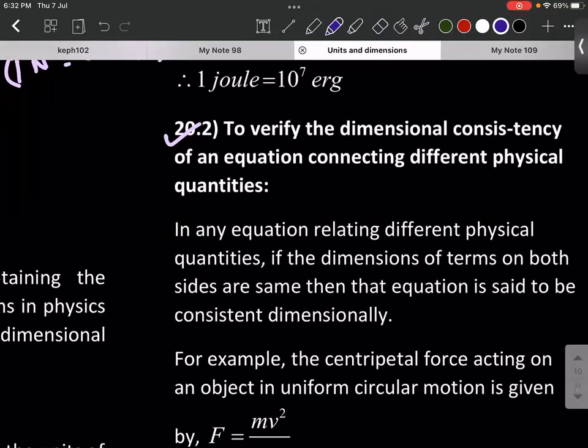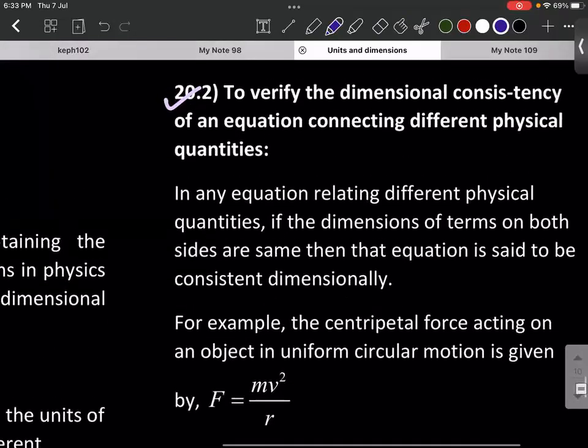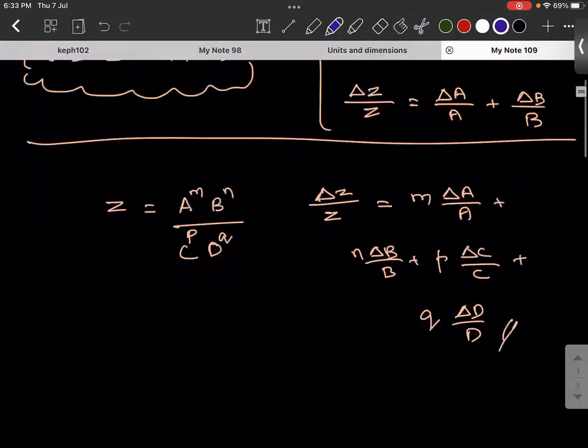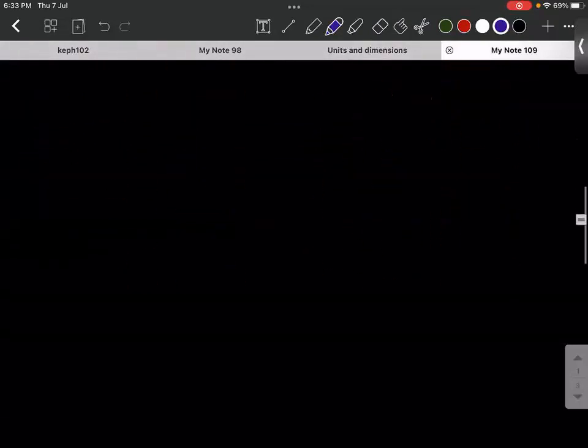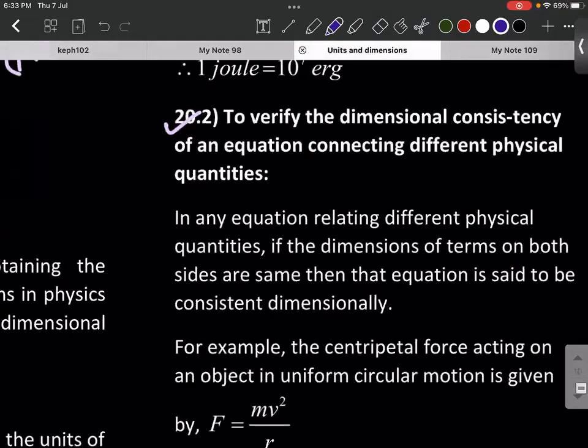As I told you, it is also used to verify the dimensional consistency of an equation connecting different physical quantities. So write down the second application. It is an application of dimensional analysis. What is it done to?